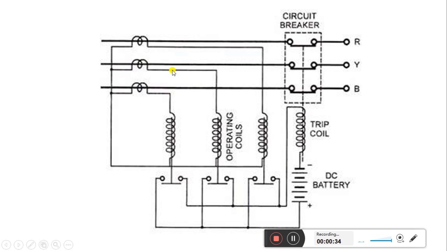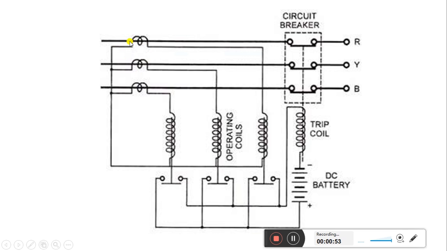As we can see here, this is a three-phase system where a circuit breaker is mounted across all the phases, that is R, Y and B, and in all phases there are CTs mounted.